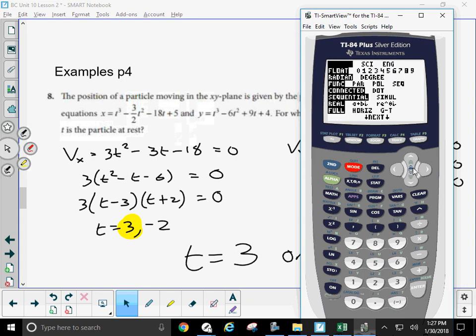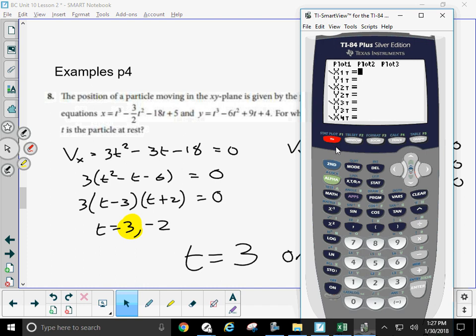I'm back in rectangular mode. I need to go back into parametric mode. t cubed minus 3/2 t squared minus 18t plus 5, t cubed minus 6t squared plus 9t plus 4.